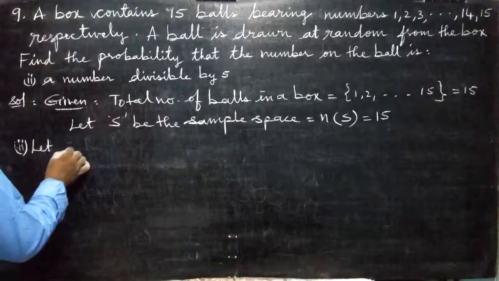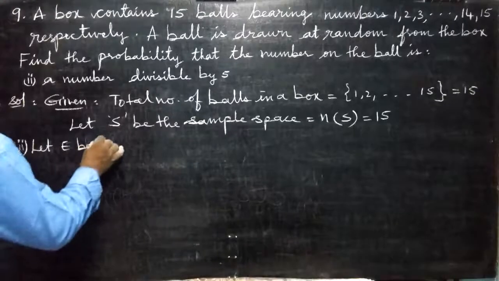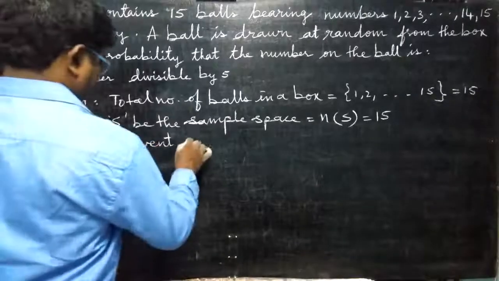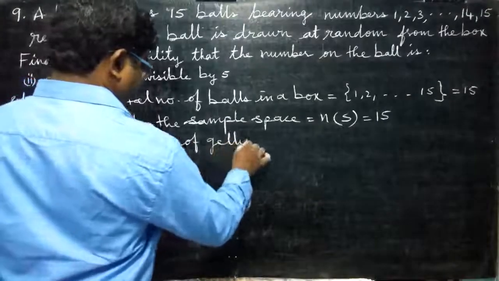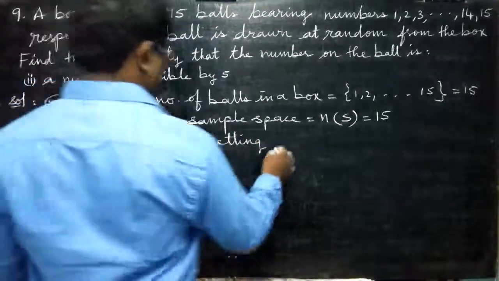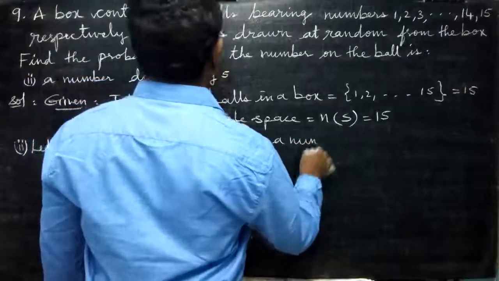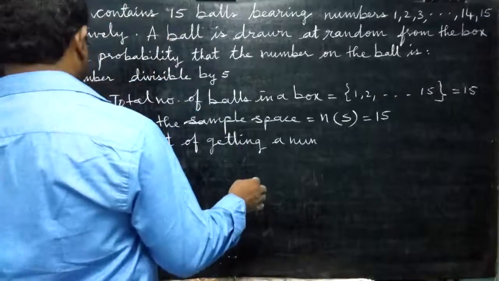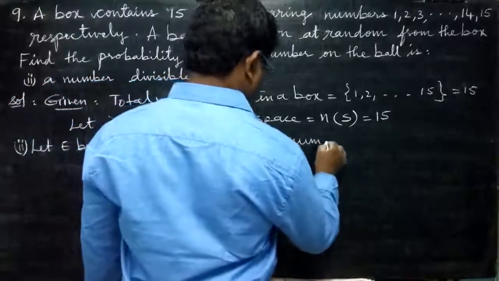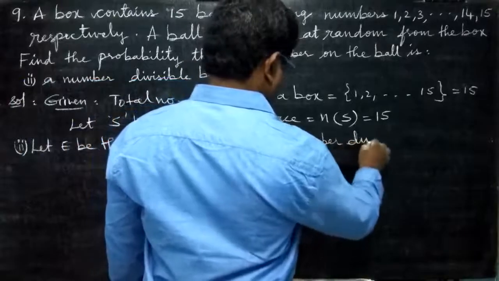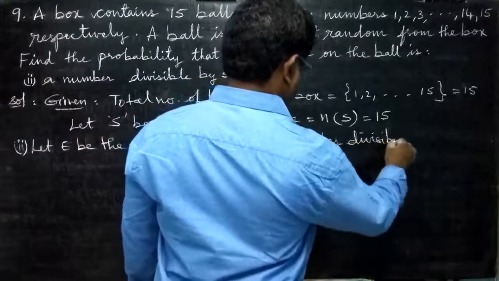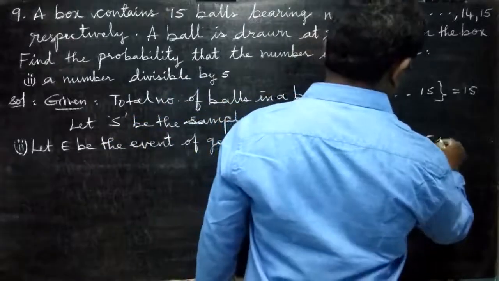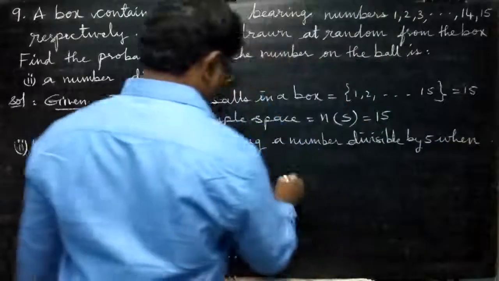Let E be the event of getting a number divisible by 5 when drawn at random.